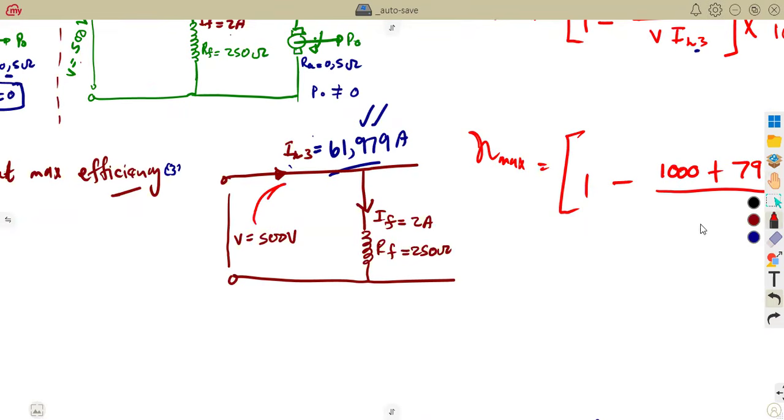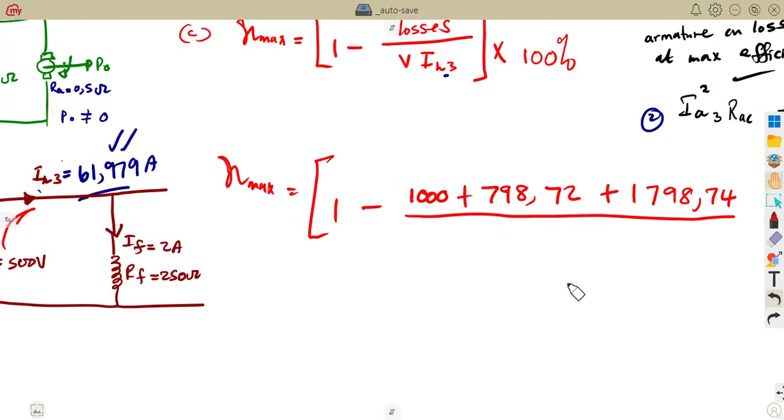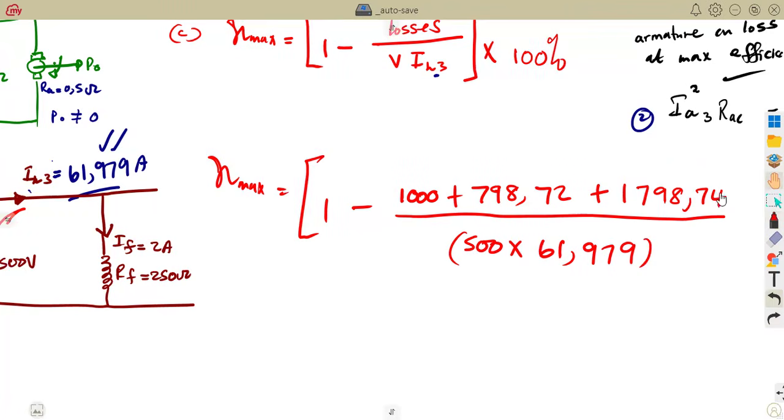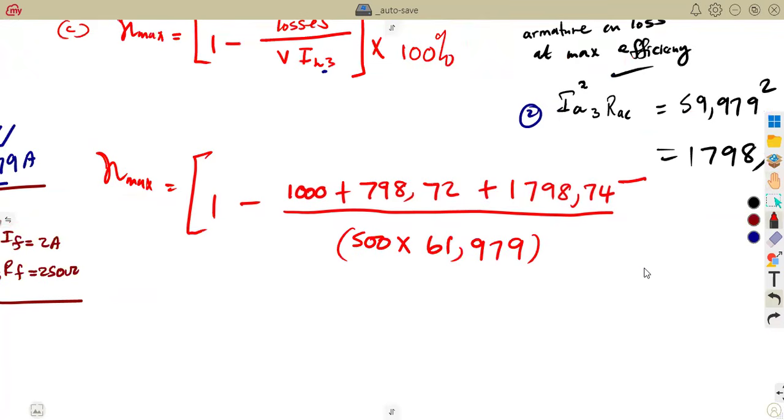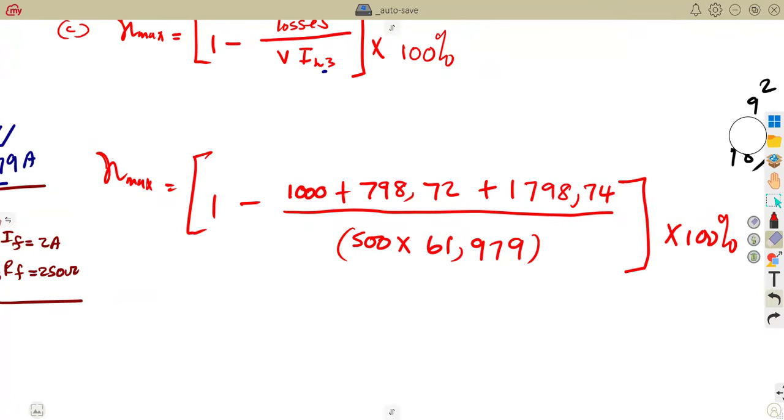So we just multiply these two, 500 and that load current that we calculated. That is 500 times 61.979. Having this, the efficiency can be calculated as a percentage. We can obtain our maximum efficiency.